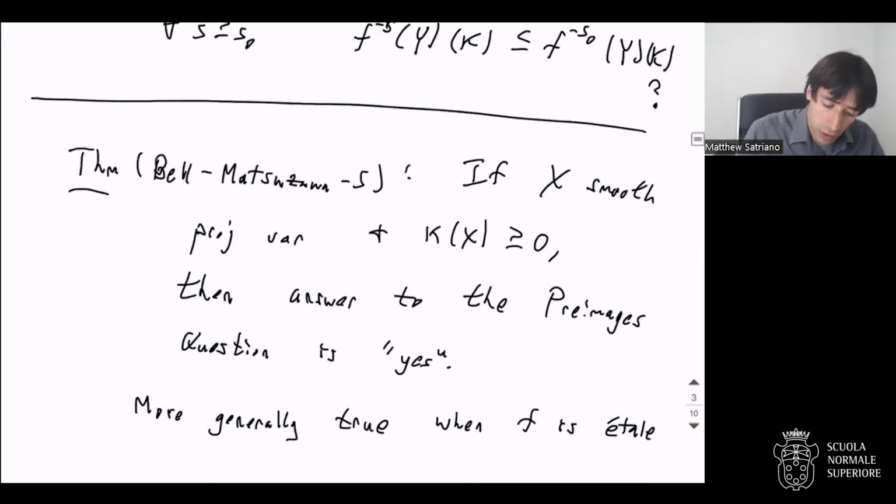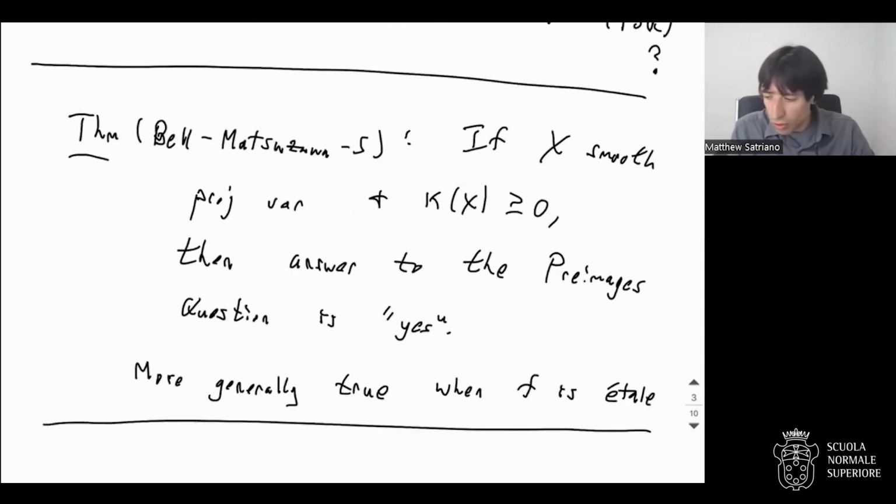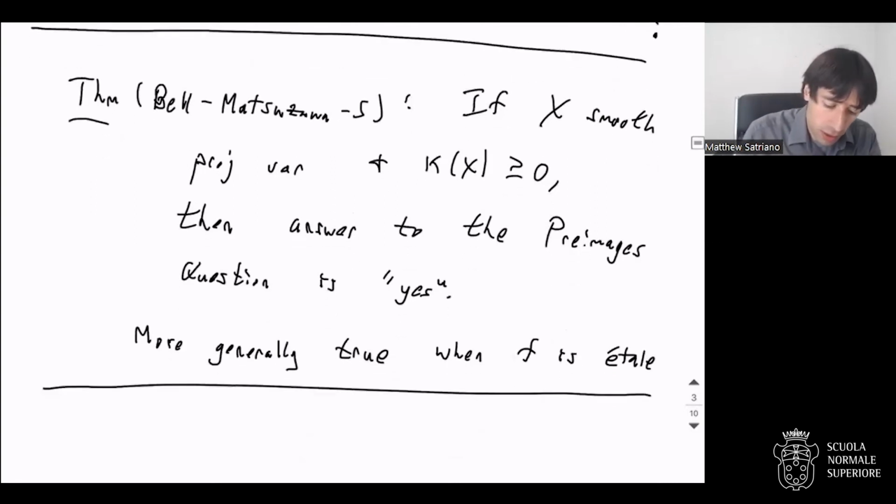So the interesting case is really when you're dealing with the negative Kodaira dimension situation. And the proof here uses p-adic local methods.